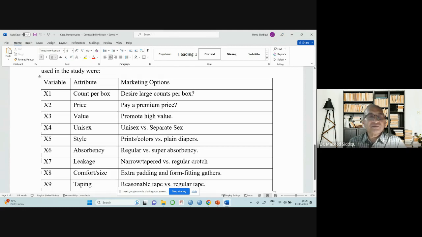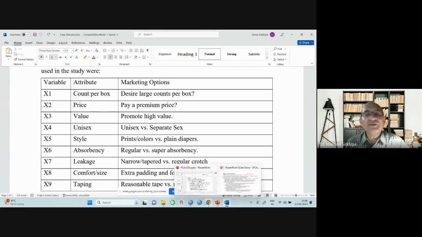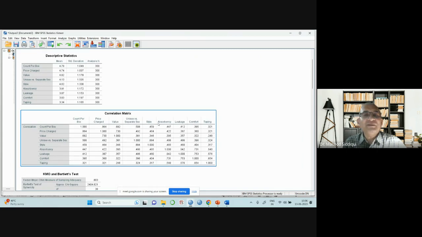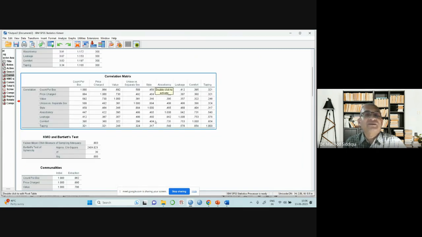If some mother is very much interested that the diaper should provide absolute absorbency to her kid, then that mother must also be very much interested in it providing comfort. So when we follow these variables or attributes, it appears that some variables may be correlated with each other. So in order to confirm that, we examine this correlation matrix.